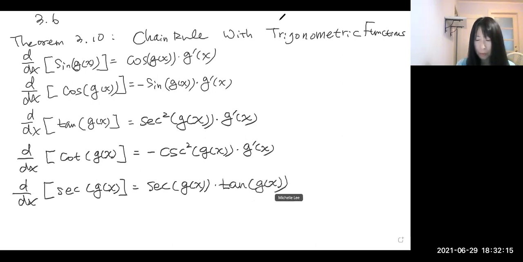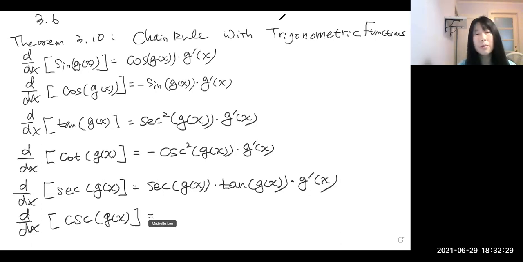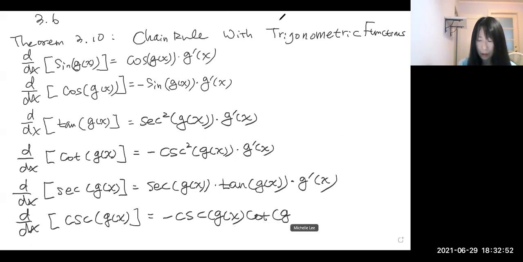Now g prime of x. Okay, last one, cosecant g of x. The derivative of cosecant x is negative cosecant x cotangent x. So cosecant g of x and cotangent g of x. Now we do g prime of x.